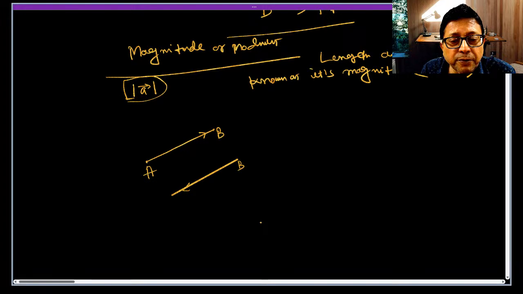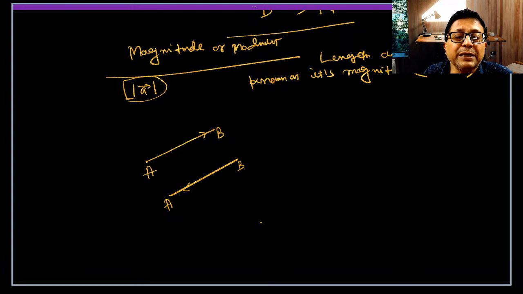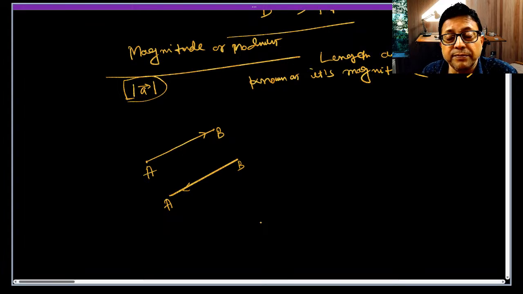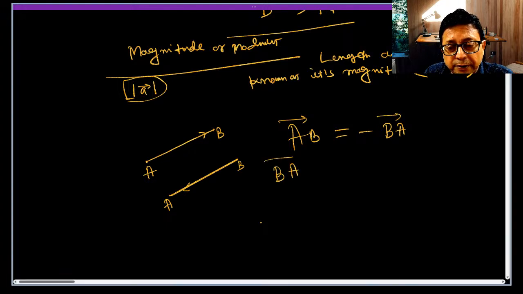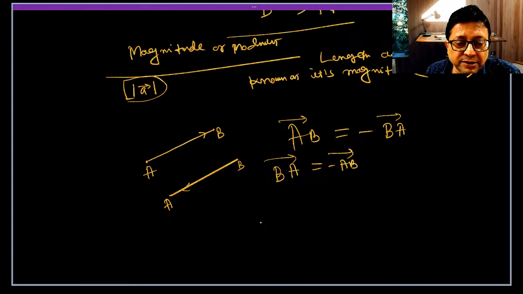It may be directed from B to A, and assume they are of the same length, AB or BA, in both cases the same. Then you will be writing AB equal to minus BA. Or one can write BA vector equal to minus AB vector.